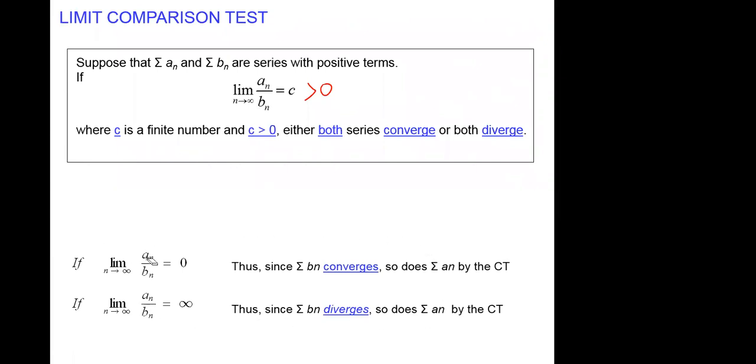I typed this for you, but as I said, you can pause the video and try to digest this. Let's say your limit is 0. If the limit is 0, it's telling me the denominator is winning. Or let me put it the other way, because that's my original and that's my new one, and the denominator is winning. If you're getting 0 or infinity, then the inequality matters.